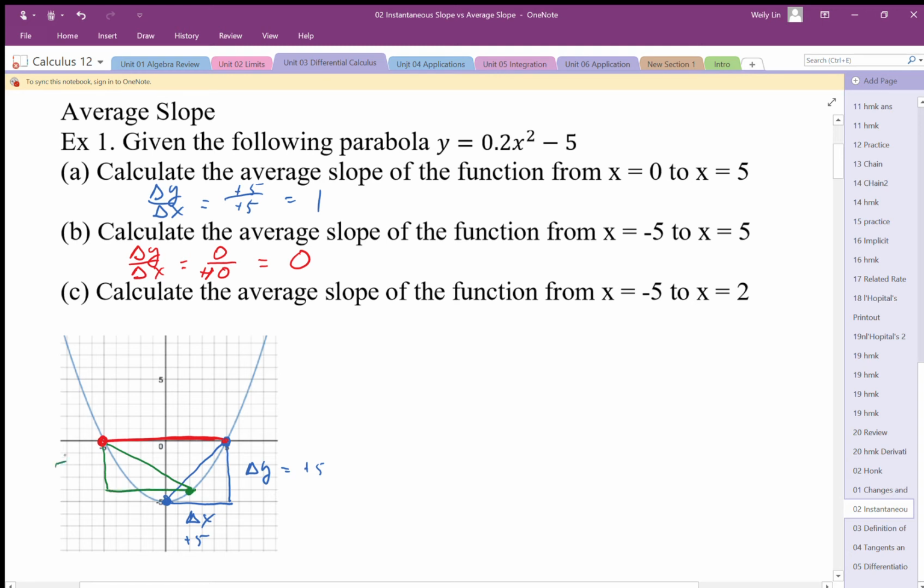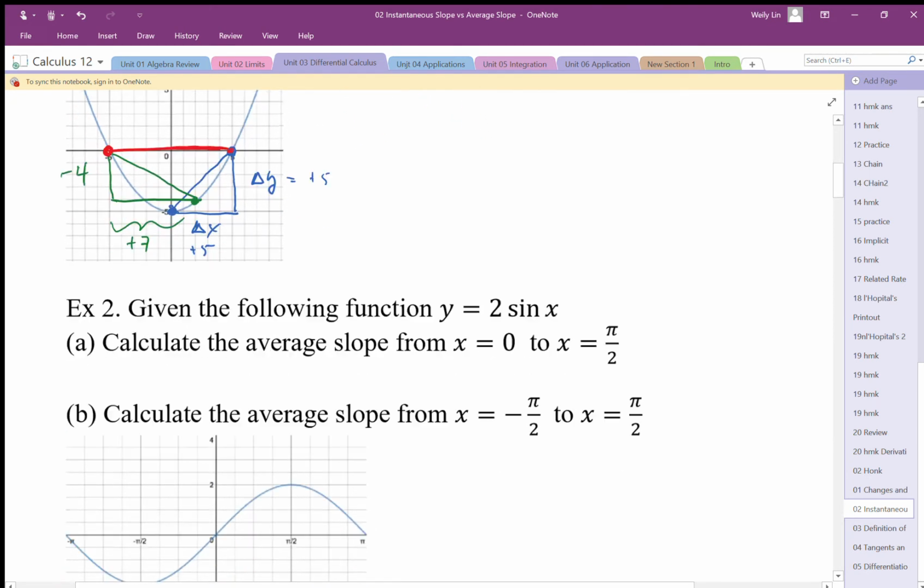It looks like it's -4, and the x displacement looks like it is +7. So the change in y over the change in x in this case is down 4 across 7, and I'll just leave it as 4 over 7. So that is my average slope. The average changes are going to be calculated like this.